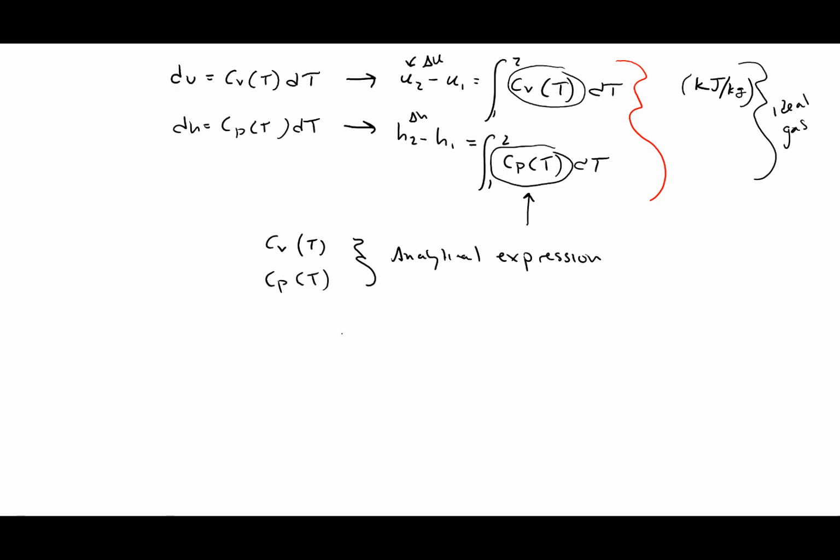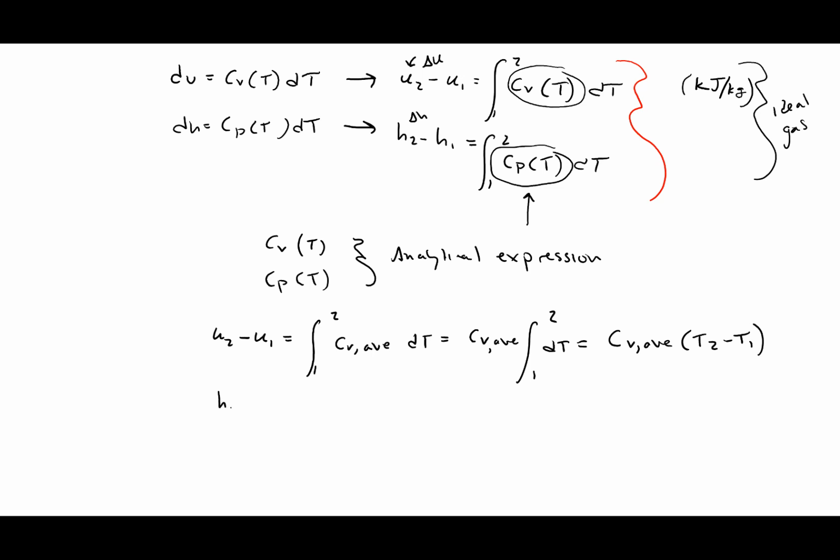So what we end up with is U2 minus U1 is equal to the integral from 1 to 2 of C sub V average dT. And since the C sub V average is a constant, we can pull it out of the integration, so we get C sub V average times the integral from 1 to 2 of dT, so this is equal to C sub V average times (T2 minus T1). And we can do the same thing for the enthalpy, so H2 minus H1 is equal to the integral from 1 to 2 of C sub P average dT.